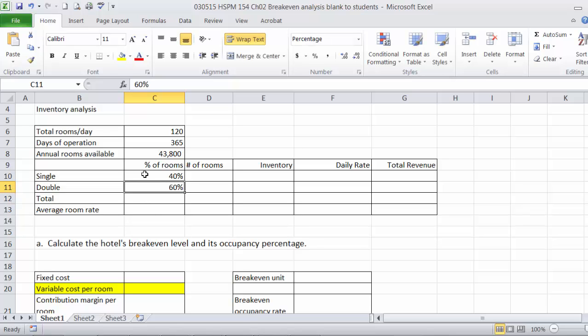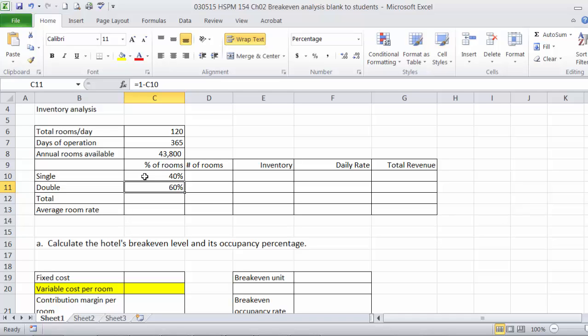So you can enter 40%, 60%. Or the other way is what? 1 minus the percentage of single rooms, right? So if we change this to 45%, then your spreadsheet can calculate that for you. All right, so let's go back to 40%, 60%.